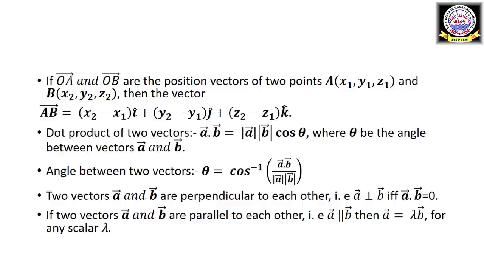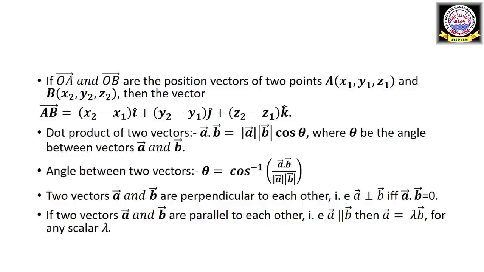So, AB vector will be, just you recall, (x2 minus x1) i cap plus (y2 minus y1) j cap plus (z2 minus z1) k cap, where i, j, k are the unit vectors along x axis, y axis and z axis, that already you know this thing.